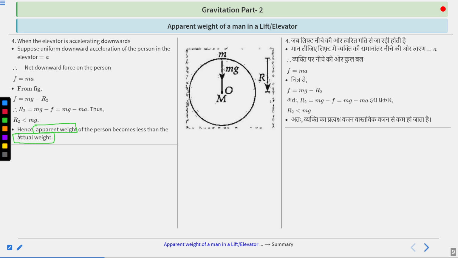Second, when it is uniformly moving upward or downward, again the apparent weight will be equal to the actual weight. Why? Because the acceleration of the person is zero. Third, when the elevator is accelerating in the upward direction, the apparent weight is higher than the actual weight. Fourth, when accelerating in the downward direction, the apparent weight will be lesser than the actual weight. Okay, so this is the scenario.